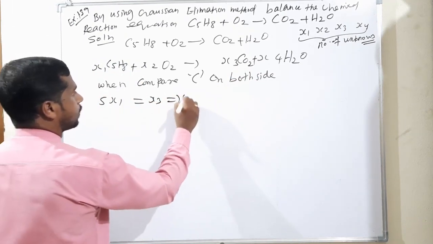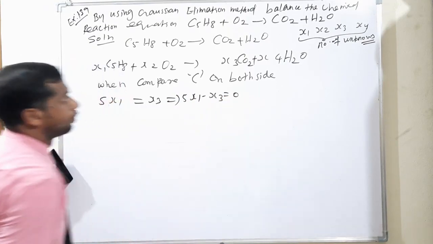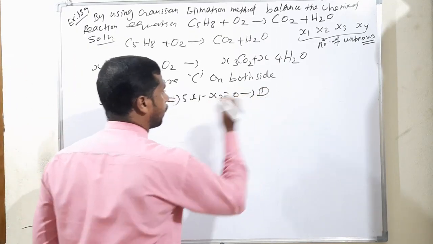Rearranging, the first equation is 5x1 minus x3 is equal to 0. This is called equation number 1.